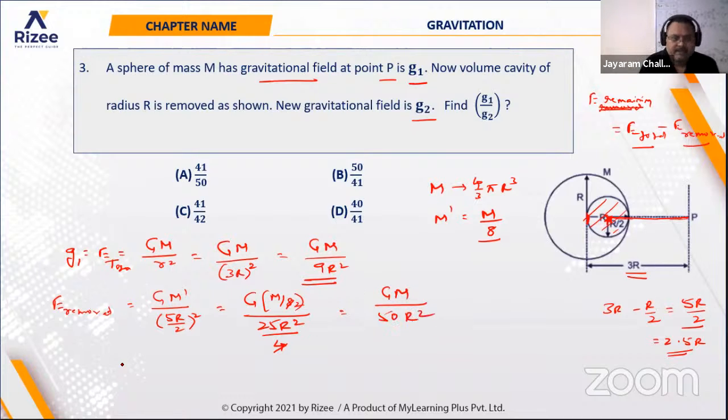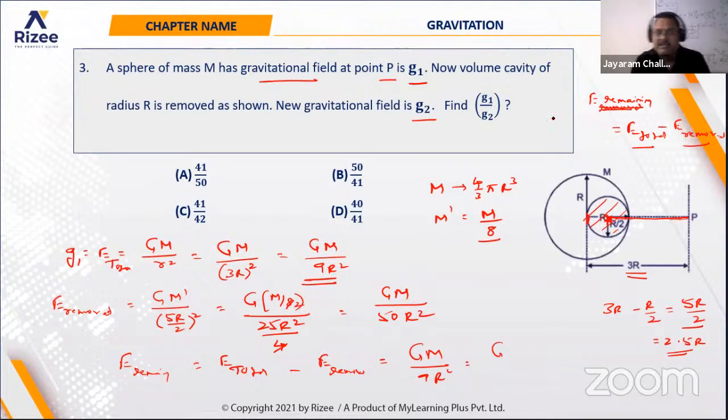Now put it in the final equation. E remaining is equal to E total minus E removed. So if I substitute here, that will be GM by 9R square minus GM by 50R square. He's asking the ratio, okay, then find it out.